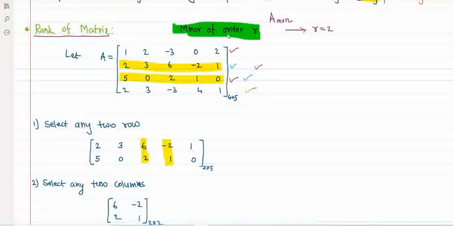The combination to select R rows is left to you. When you select R rows, you get a new matrix of order R by n. From the new matrix, you select any R columns. By selecting any R columns, you get a square matrix of order R, and the value of its determinant is the minor of order R. Now the definition is clear.